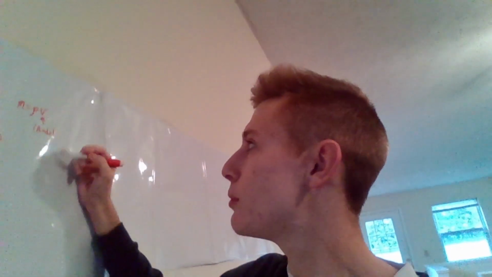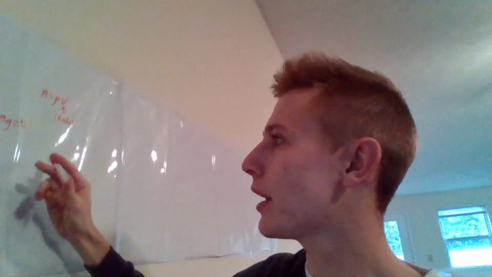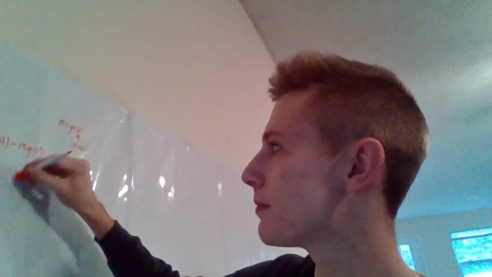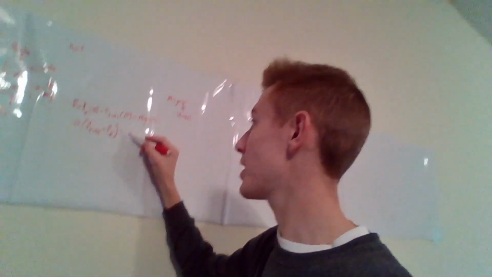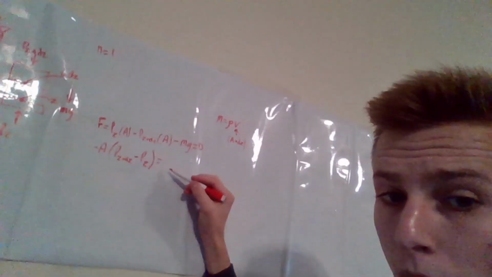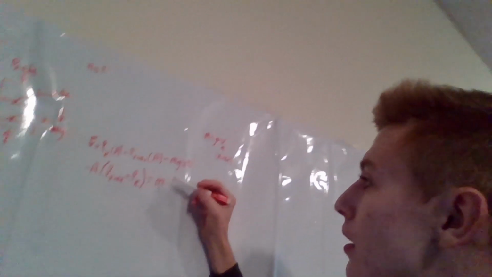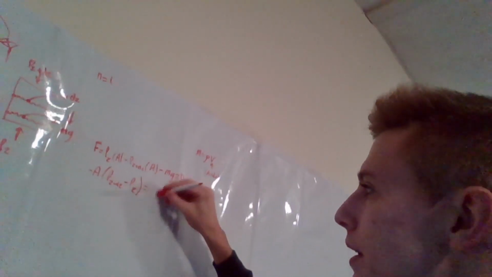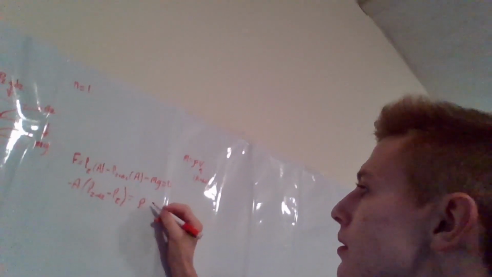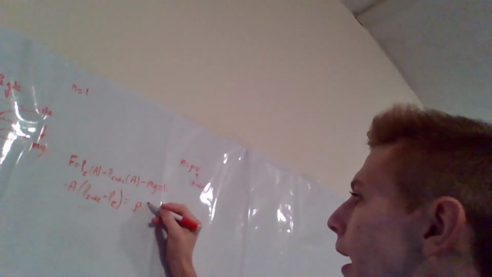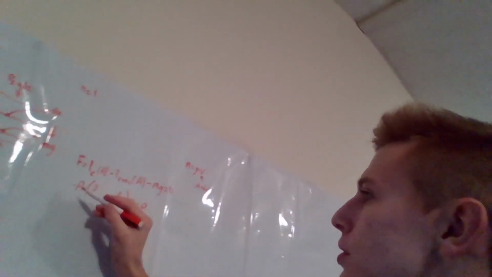So we can move this in here and say that instead of our mass times gravitational constant, we have a density times our area, and we're also going to move, we'll go ahead and do this now.